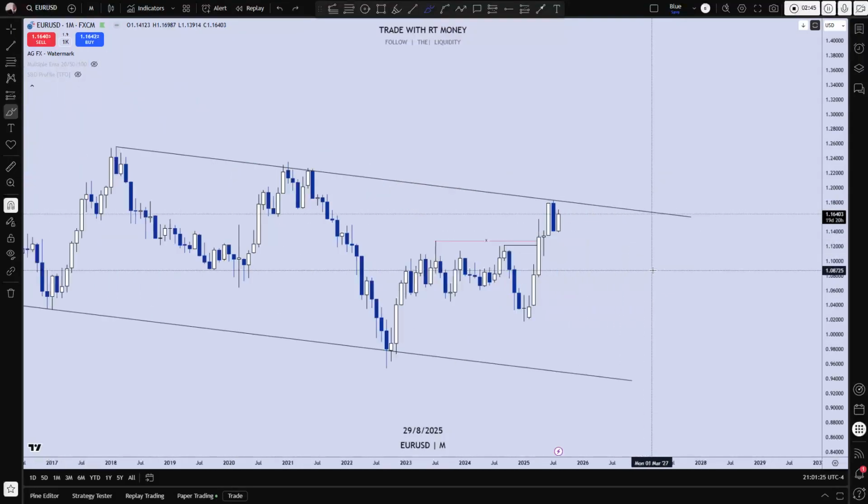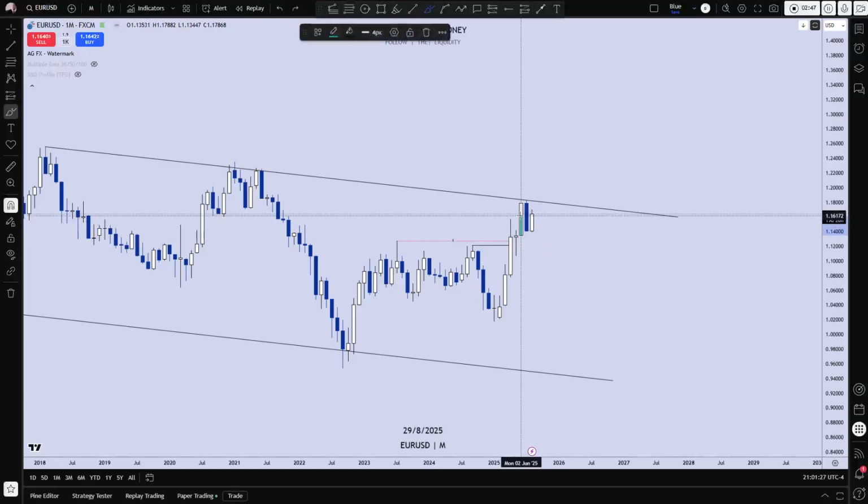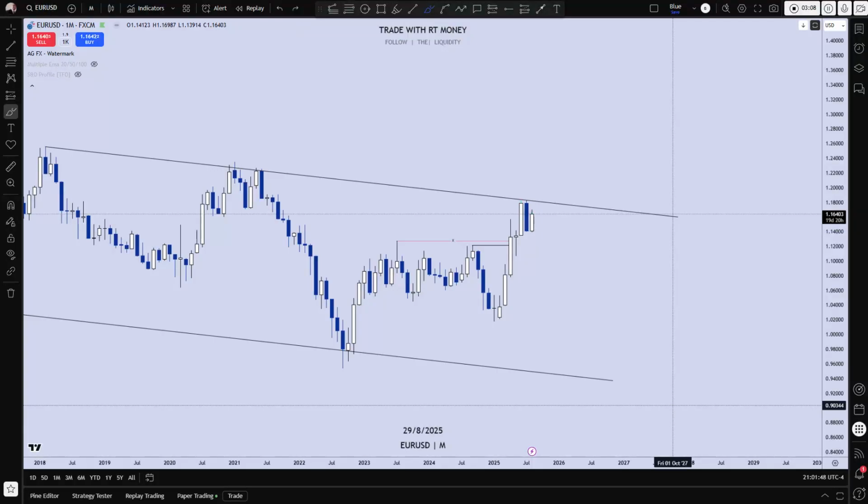And what I want you to see is this nice bullish move, almost an equal bearish move right afterwards, and then this upshot here. For the month of August, it's starting pretty bullish, but it is a young month yet.